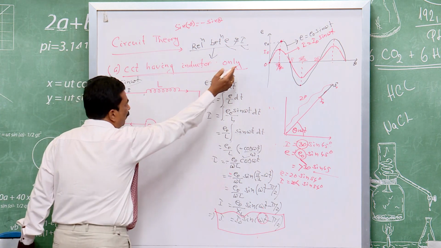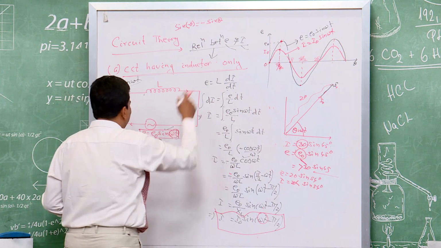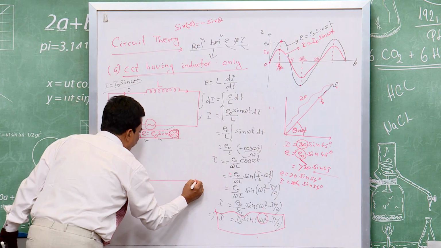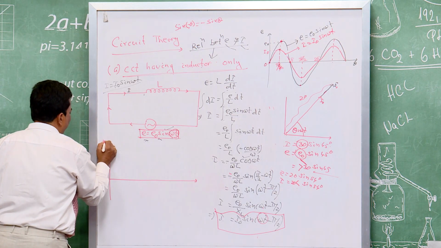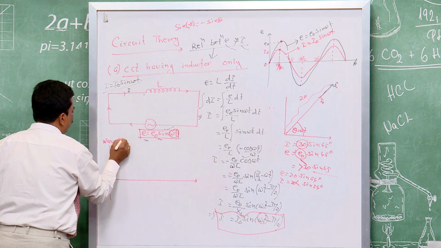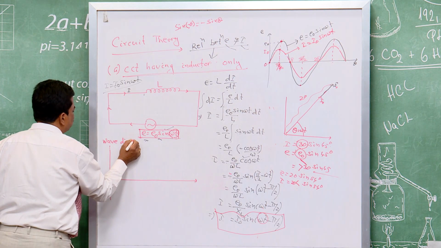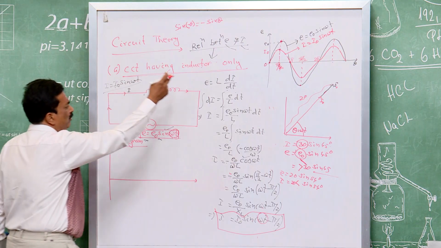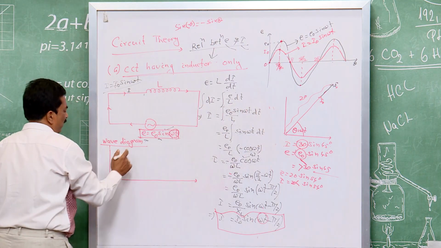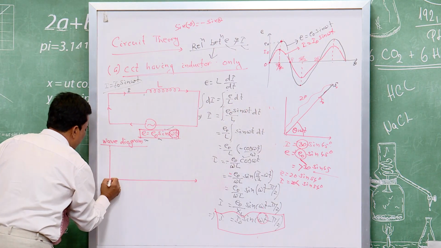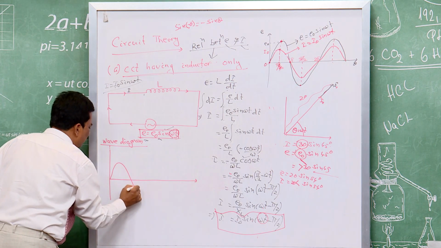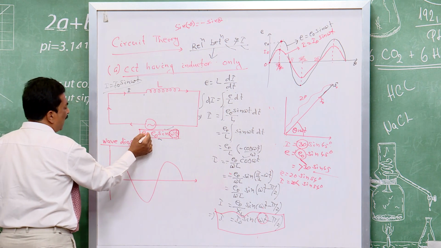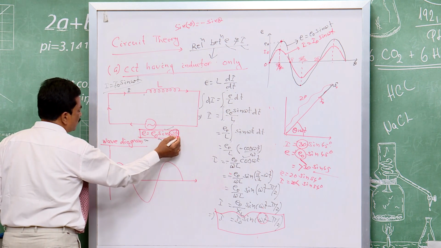So if we plot the phasor diagram likewise, this is the wave diagram, and this is the phasor diagram. First you will take E = E0 sin omega t.